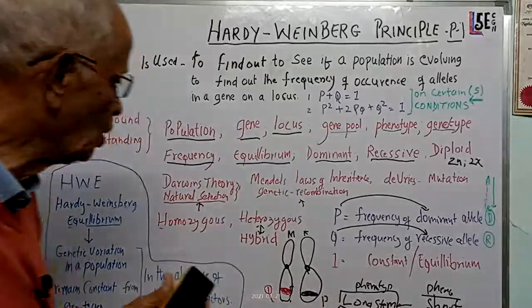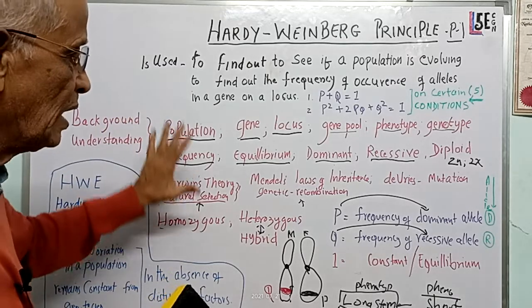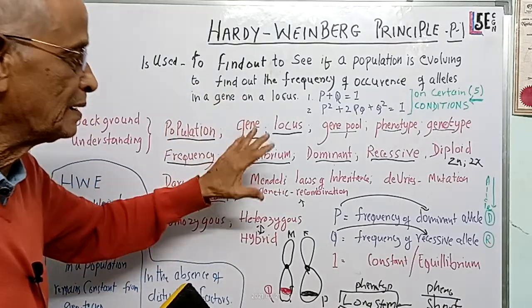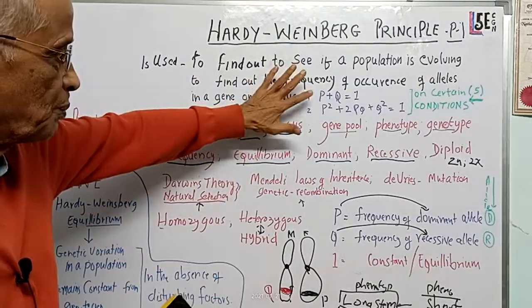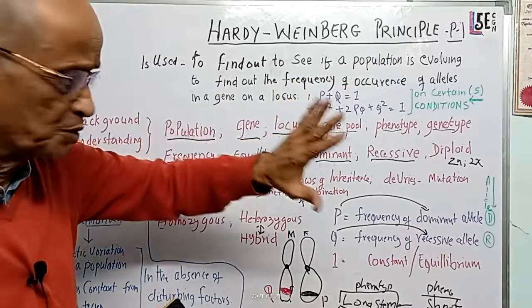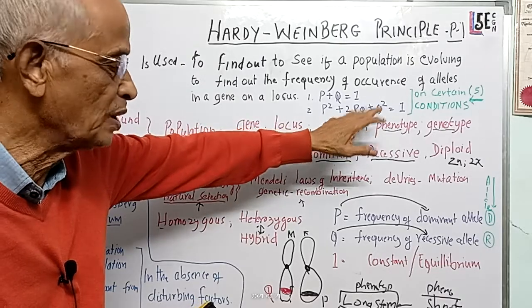So if you know these terms, then you should be in a position to understand the complete meaning and interpretation of p plus q is equal to 1, or a constant. p squared plus 2pq plus q squared is also a constant.